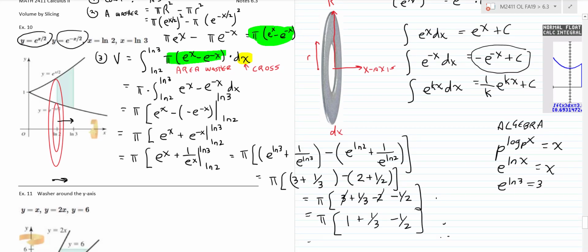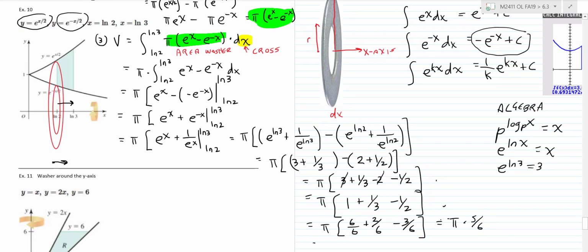If you get common denominators, you would have 6 over 6, not 4 over 6, come on, 2 over 6 and 3 over 6, like that. So that would end up giving pi times 5 sixths. So the answer should be 5 pi over 6. Okay, so I've got that. That would be the answer to example 10 then.